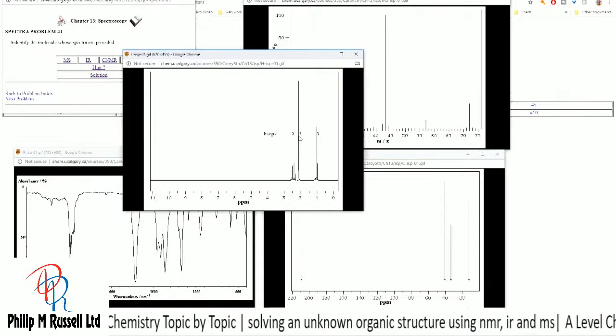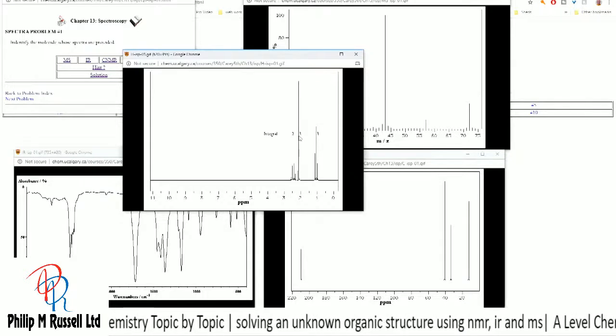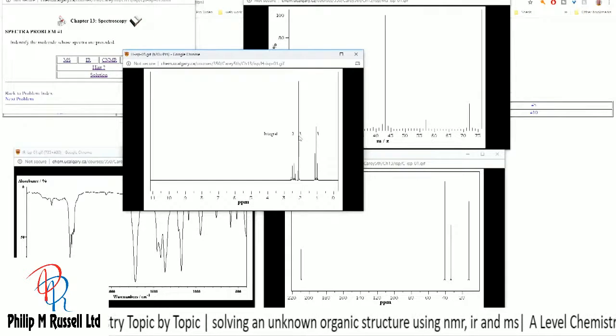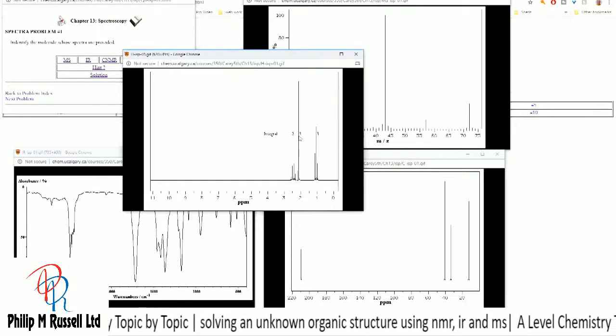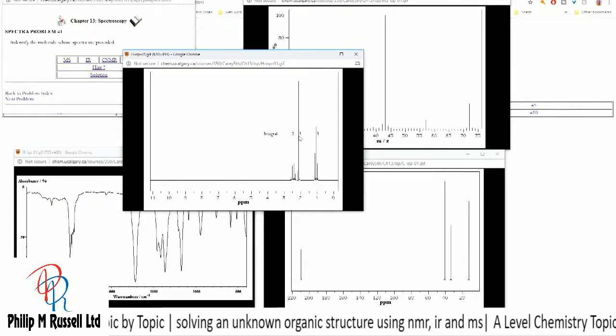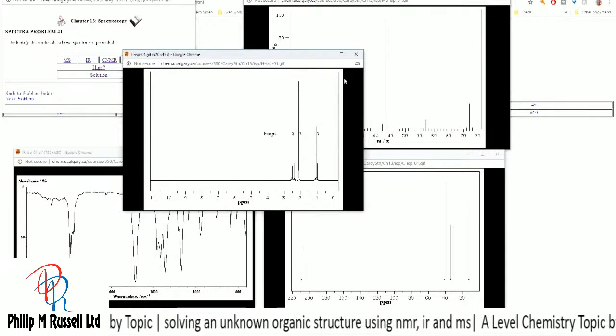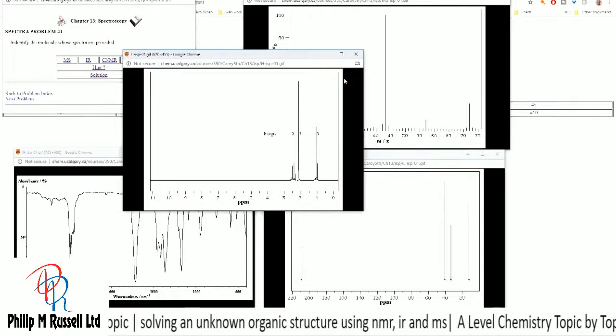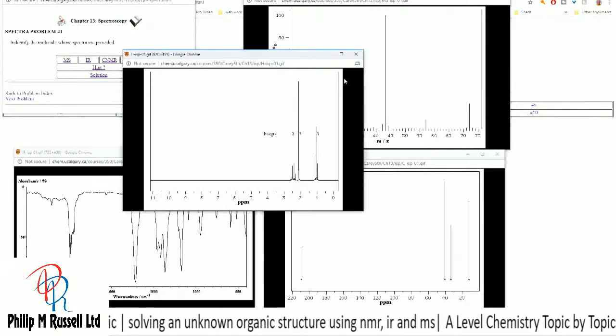It's got nothing next to it, because by the n+1 rule they've got nothing coupling and are only producing a signal of 1. So that suggests a CH3 group by itself.